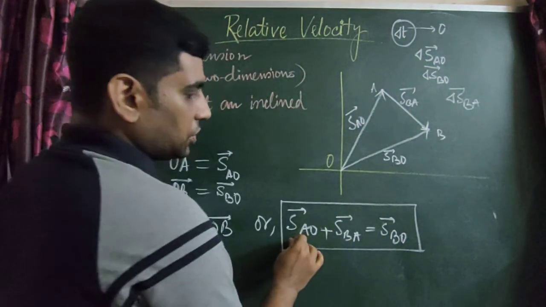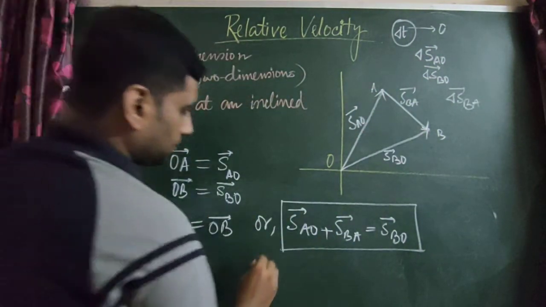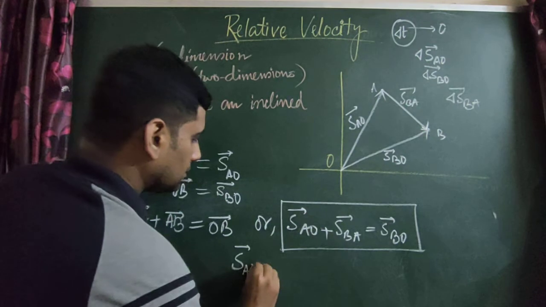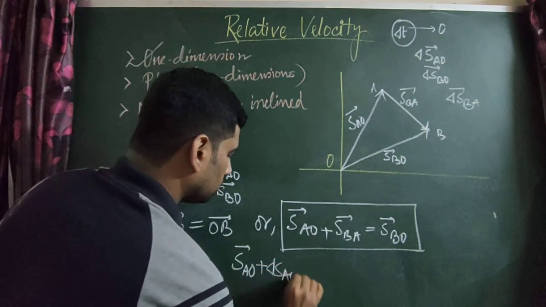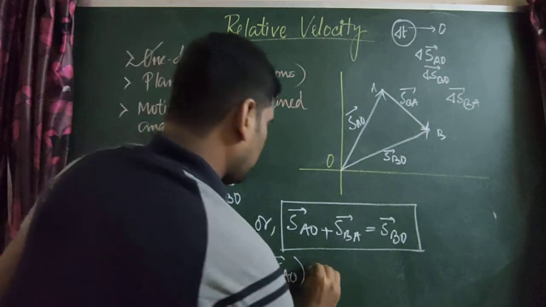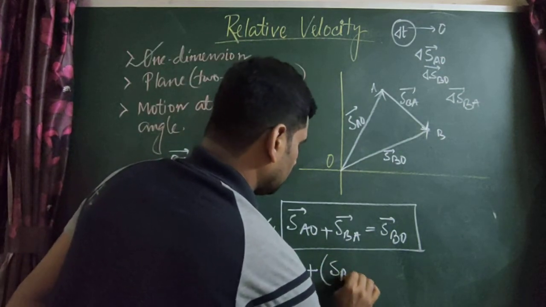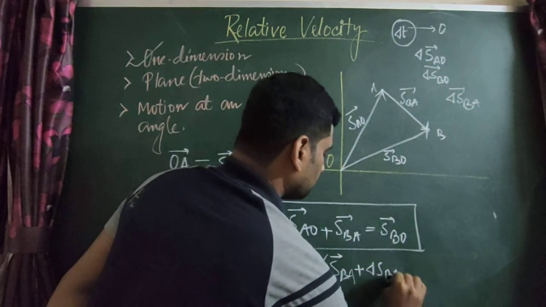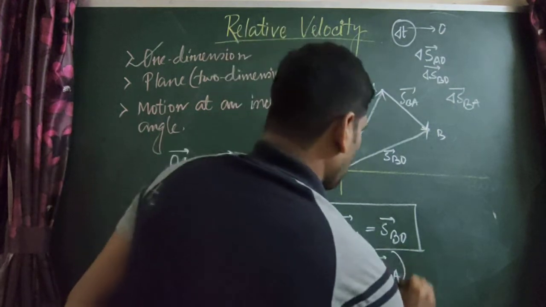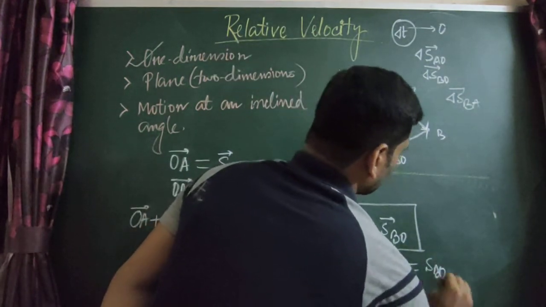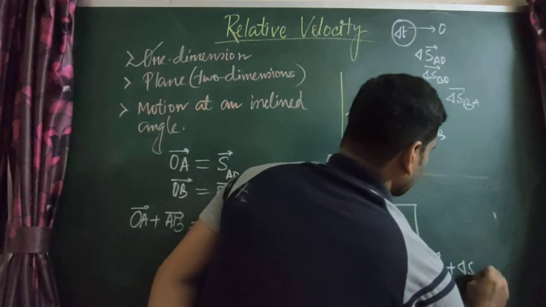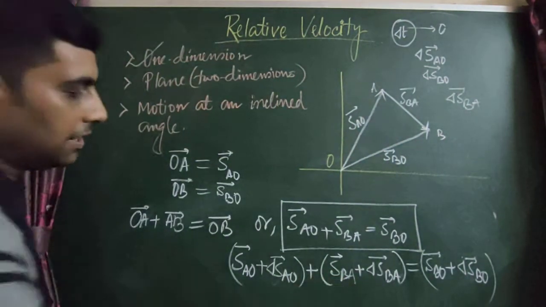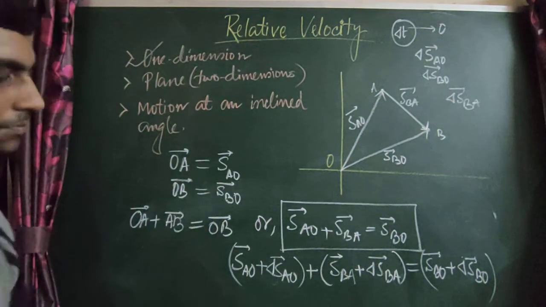So now this particular equation can be written as SAO plus delta SAO plus SBA plus delta SBA, that is the change, will be equal to SBO plus delta SBO. So in time delta t, all of this has increased by this amount.